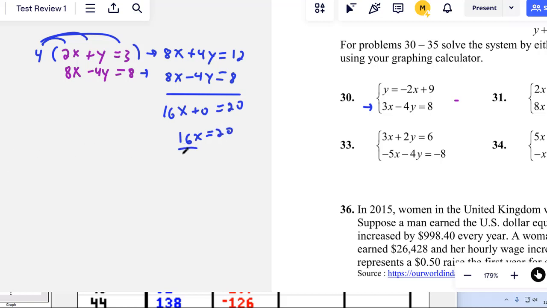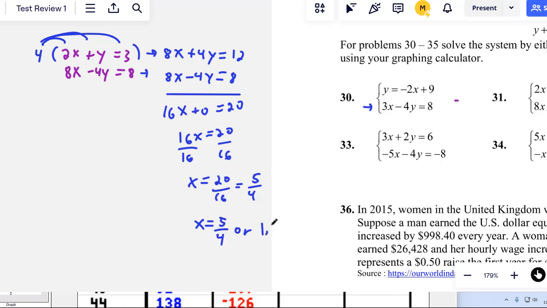If I divide everything by 16, I'm left with x equals 20 over 16, which is the same thing as saying 5 over 4. Okay? So that's one of my answers, 5/4 or 1.25. Now I know that's what x equals.